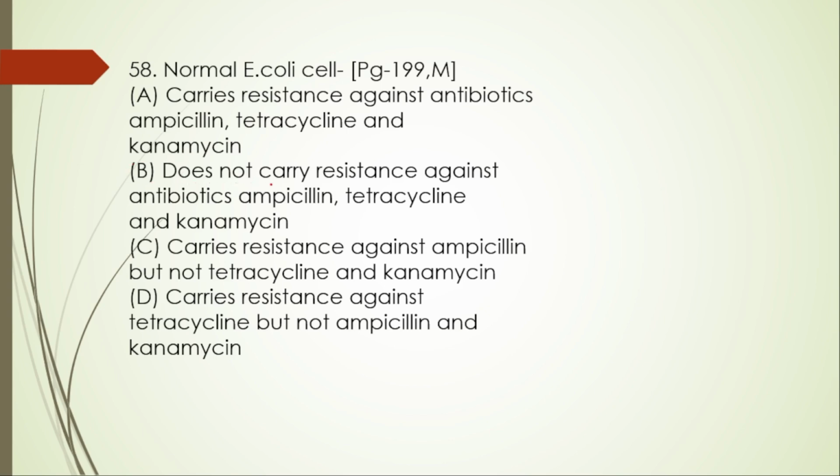Next, doesn't carry resistance against antibiotics ampicillin, tetracycline and kanamycin. Carries resistance against ampicillin but not tetracycline and kanamycin. Carries resistance against tetracycline but not ampicillin and kanamycin. Here the right option is option B.